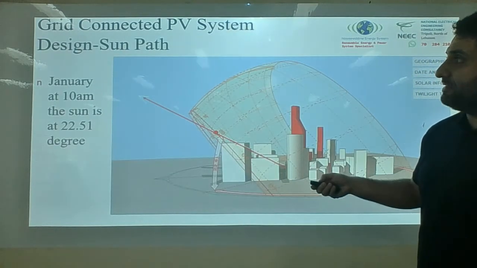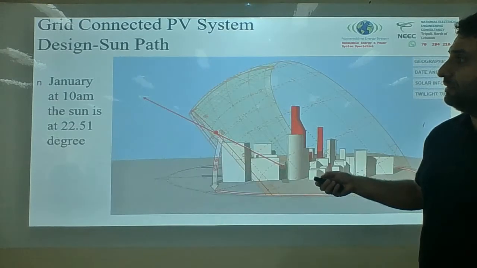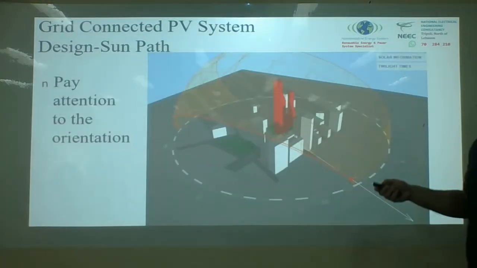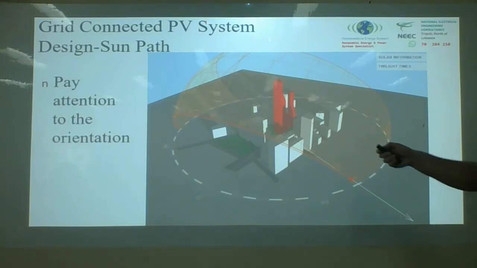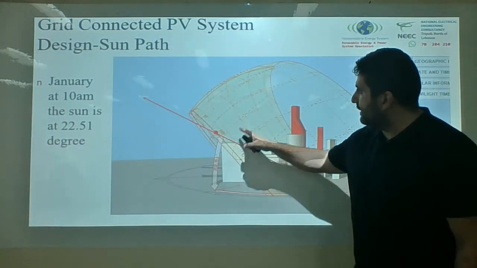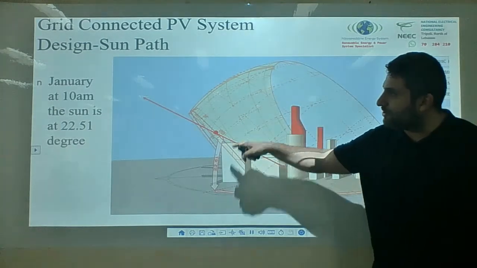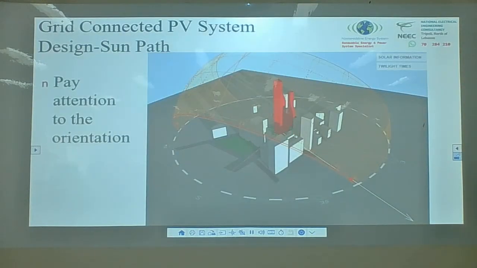However, this is at midday. At 10 a.m., it's at 22 degrees. And then it changes: the sun in the summer goes up, in winter goes down. So the sun orientation changes, and I want you to pay attention to this.